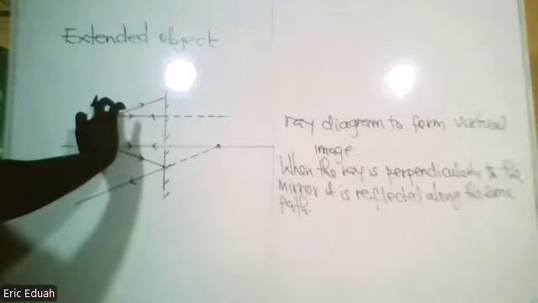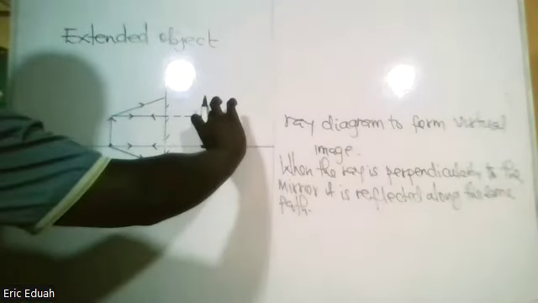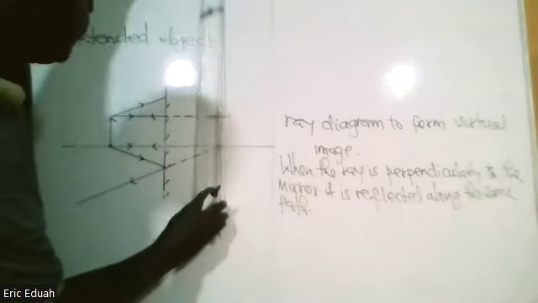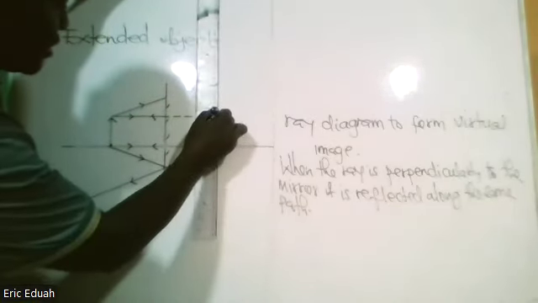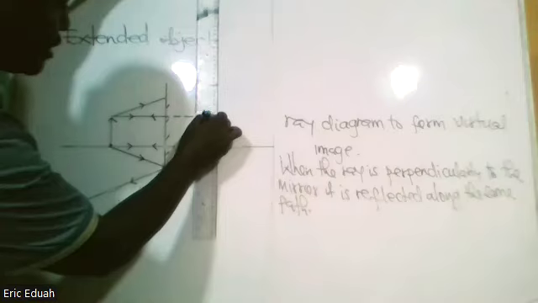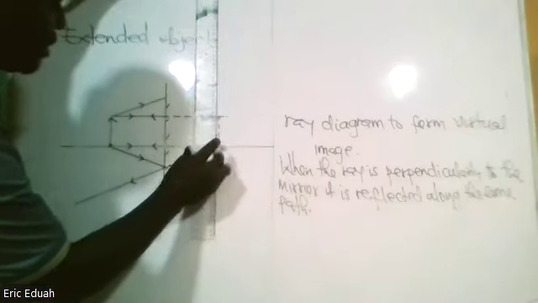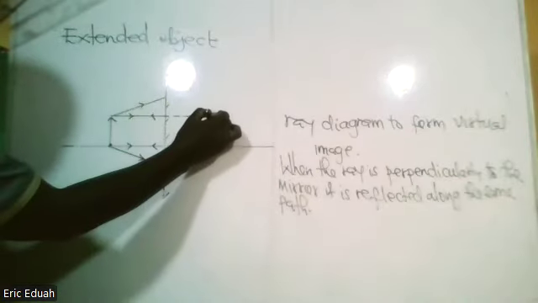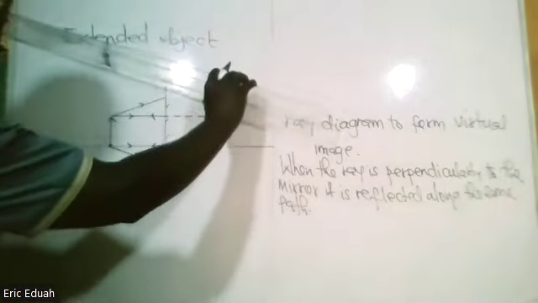And object height must be equal to image height. So a perpendicular line from this point would give us the image height, so that we can trace the reflected ray to this point.